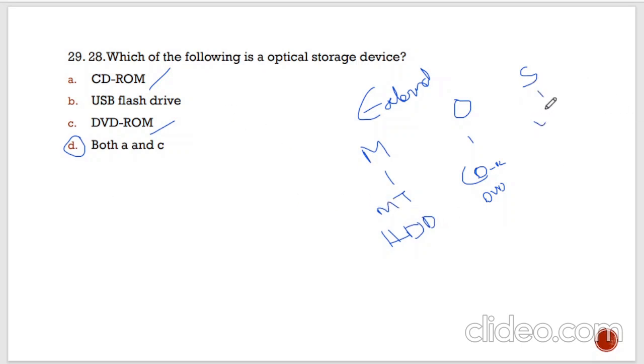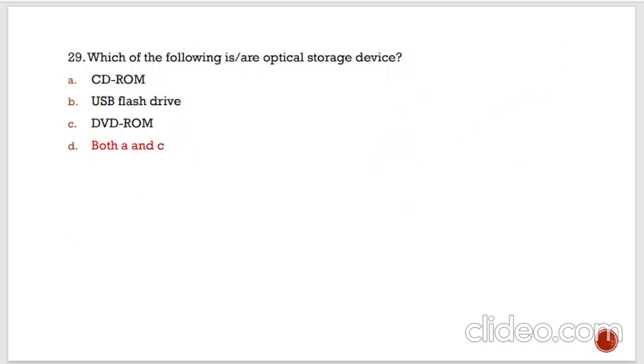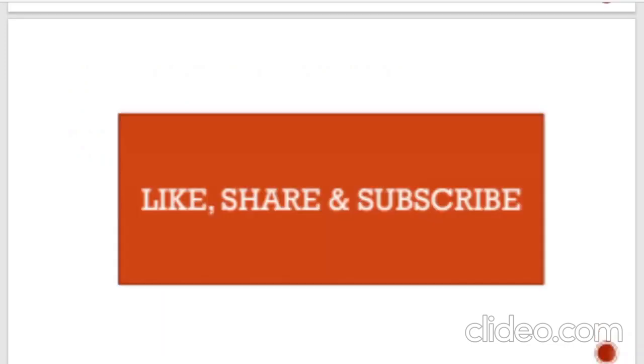Under optical, we have CD ROM and DVD ROM. And USB devices and SSDs are solid state storage. You have to remember these types, they are very important. Which of the following is an optical storage device? CD and DVD.